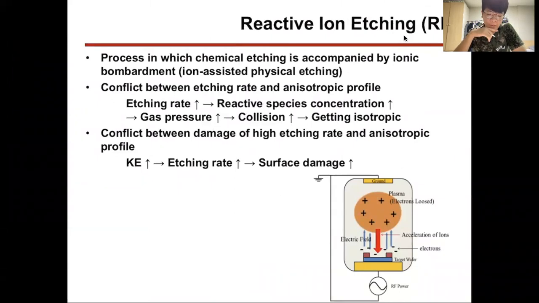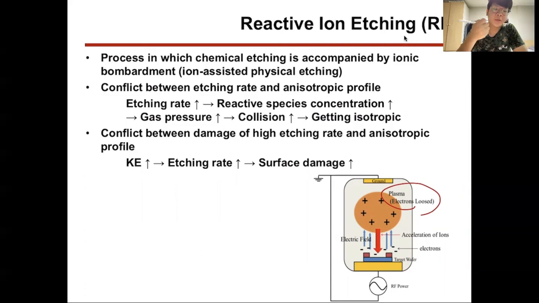And RIE, reactive ion etching, uses a gas to chemically remove material, and also uses plasma. Using the RIE process, it can make a faster etch rate.